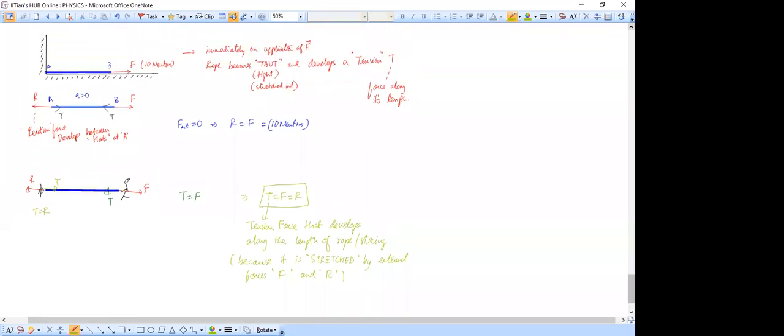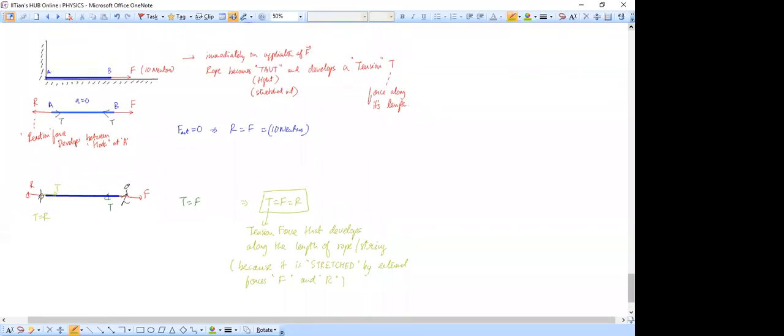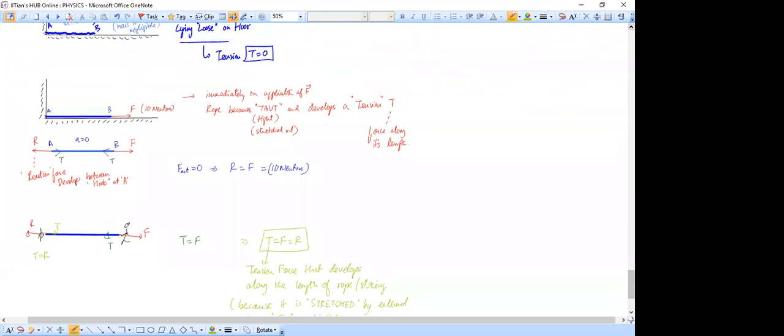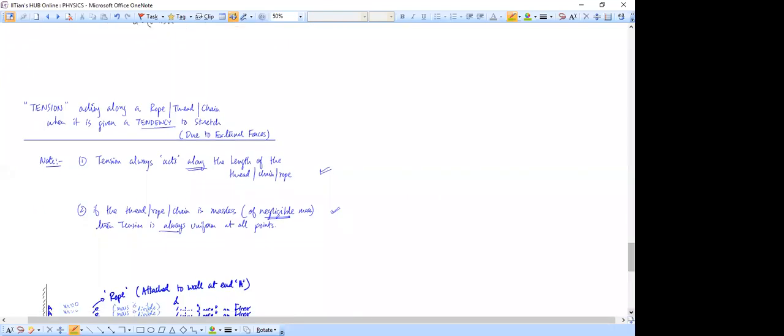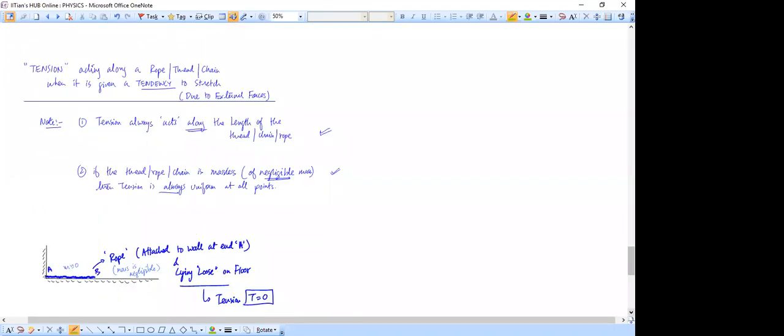So this is what happens over here. Initially, when we are not applying any force, the string was in what we call a relaxed condition.